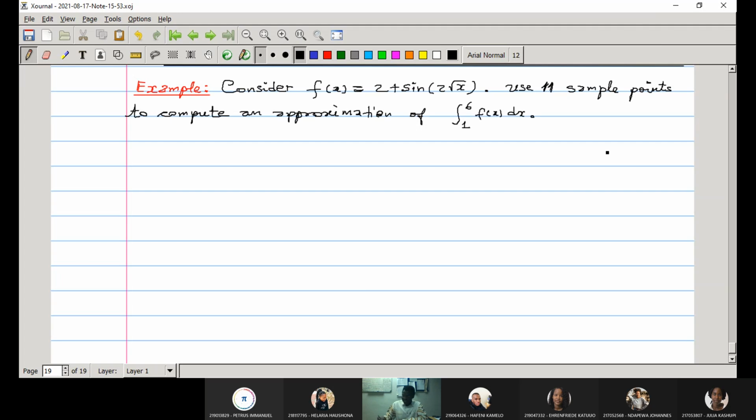So 11 sample points implies that we have 10 subintervals.